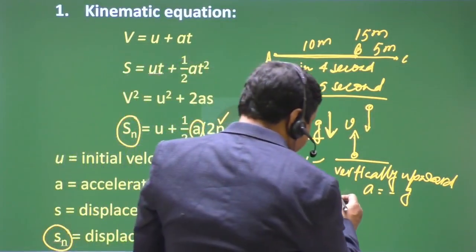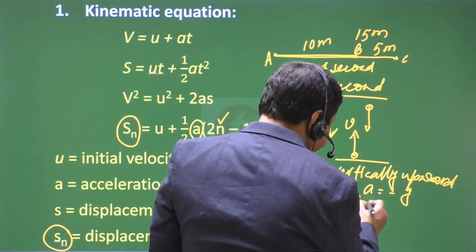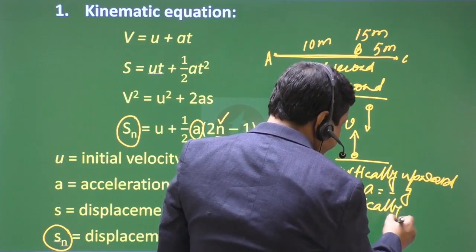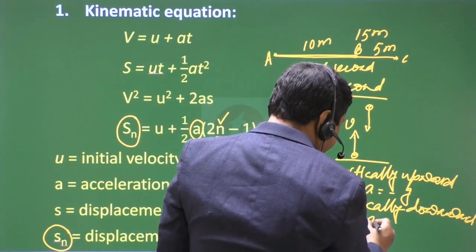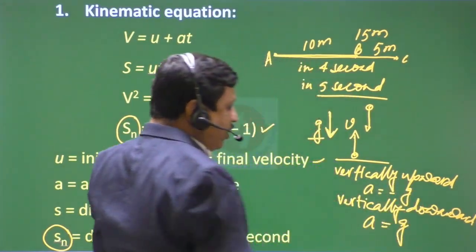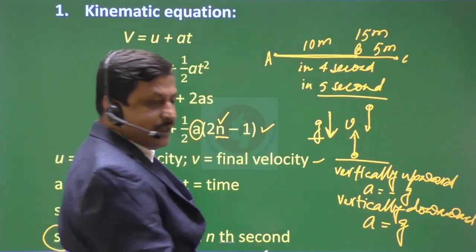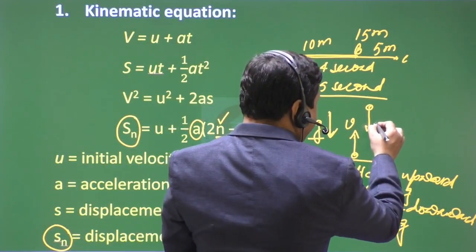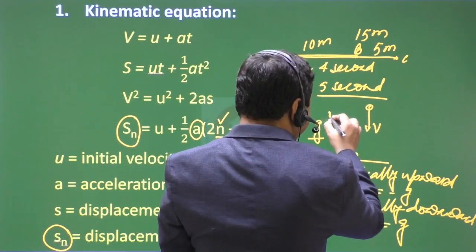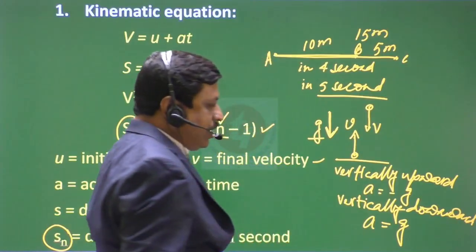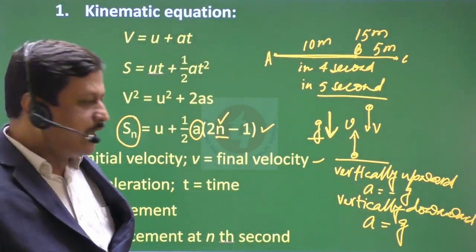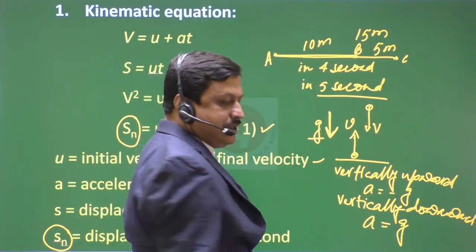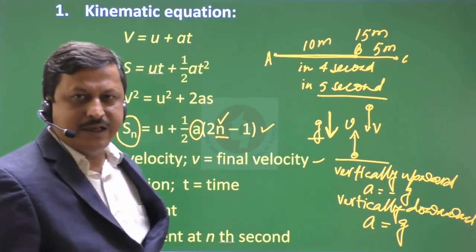If the particle moves vertically downward, you have to take a equals g, because when a particle moves downward, velocity and acceleration are both in the same direction, so you have to take acceleration as g, acceleration due to gravity.